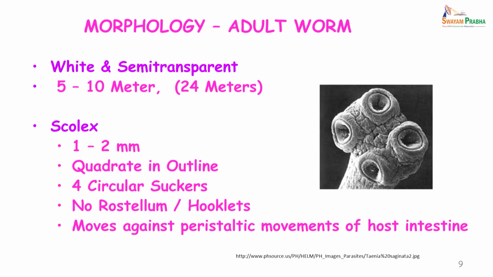So, if you were to see the expanse of my arm, it would be 5 to 10 times the length of my arm. The scolex is about 1 to 2 millimeters in size, quadrate, has 4 circular suckers and no rostellum or hooklets, and it moves against the peristaltic movement of the host intestine.